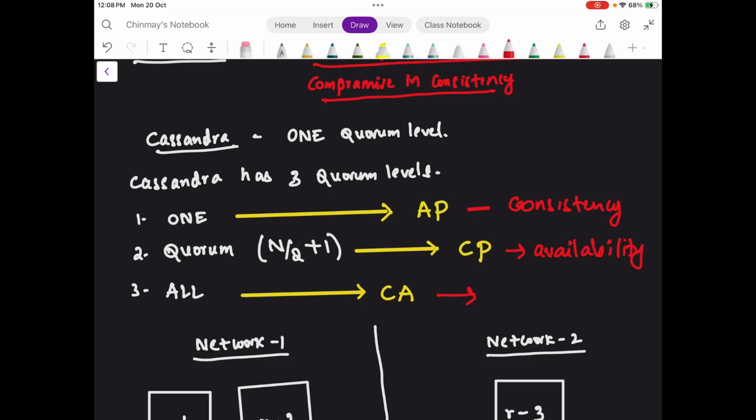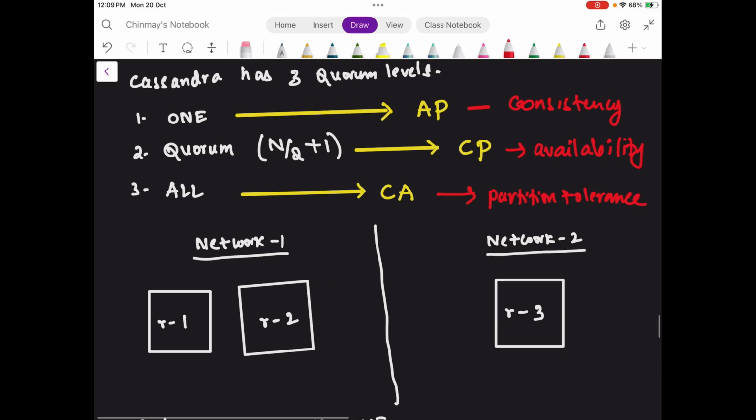Even if one of the networks goes down, the entire application crashes. That means partition tolerance is compromised. All itself indicates the quorum level of all 3. If network 1 is down, it doesn't work. If network 2 is down, it doesn't work. It does not survive at all.